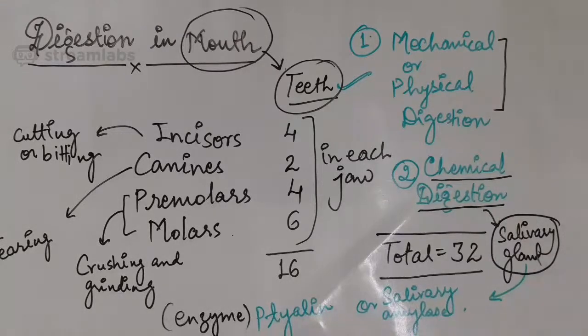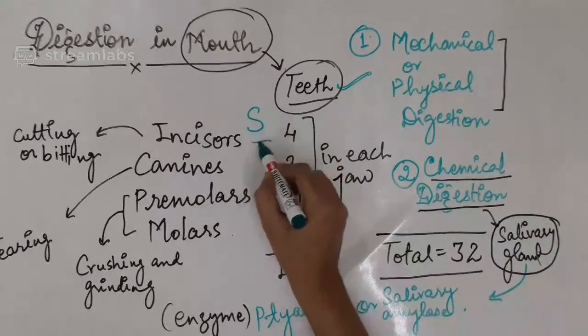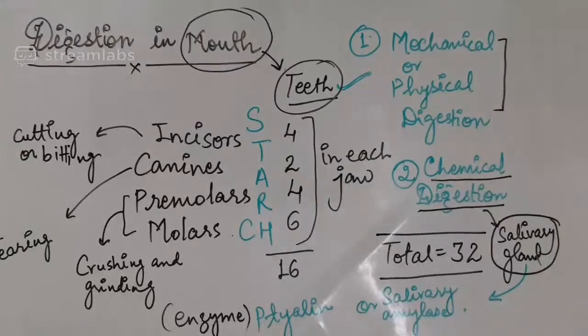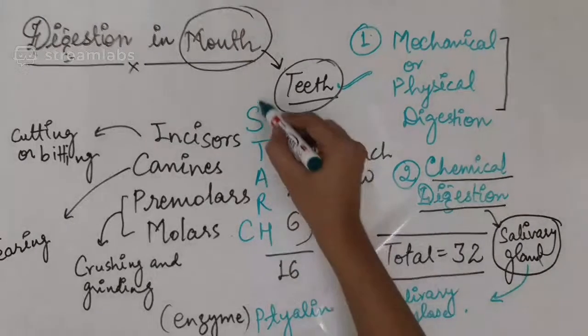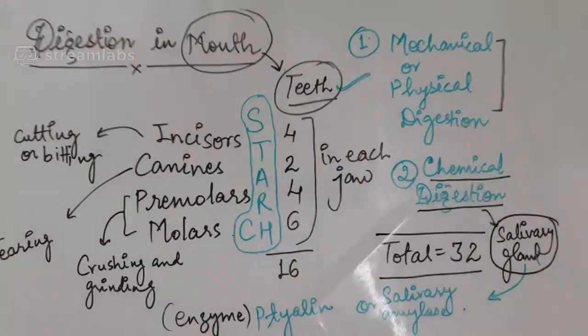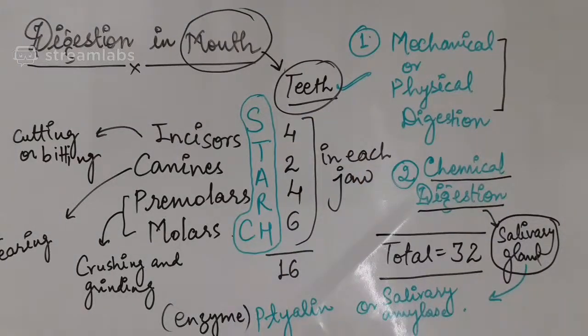So the first step of digestion occurs for starch. Starch is a kind of complex carbohydrate which gets digested in the mouth itself. And the process of digestion is the breakdown of complex food particles into simpler or absorbable form.